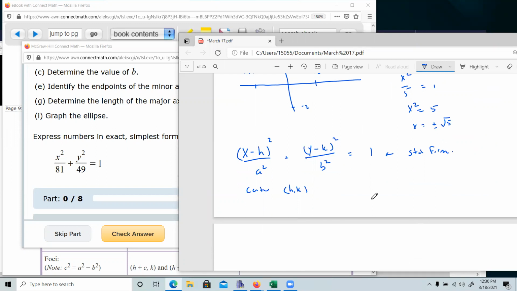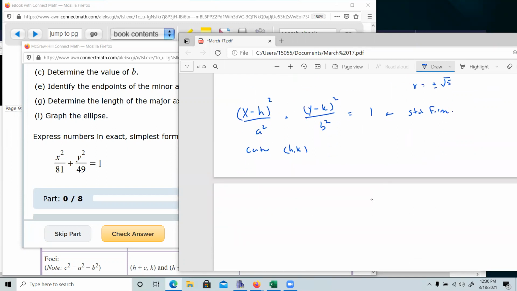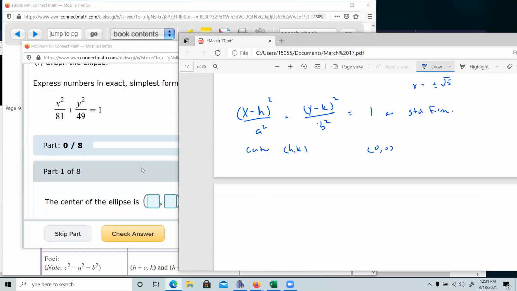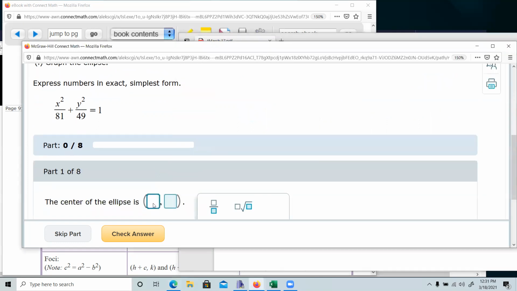If you're working in an engineering type of problem, if you can change your coordinate system to make the center of the ellipse the origin, you should probably do that, unless there's a reason why you can't. In this case, there is no extraneous stuff here. The center on this one is just (0, 0). So it's an ellipse centered on the origin. Okay, so that's fantastic.